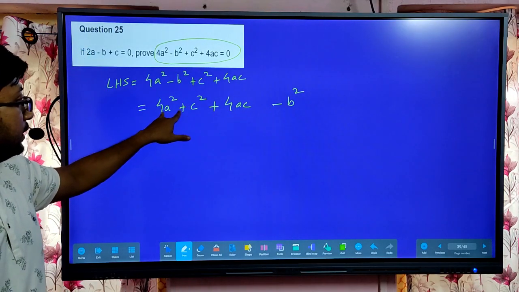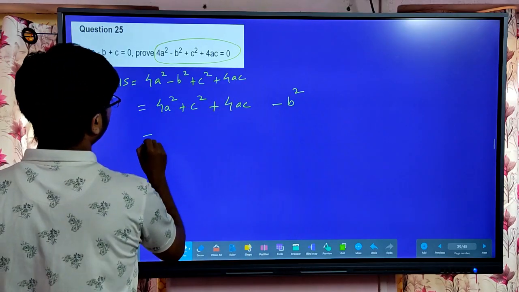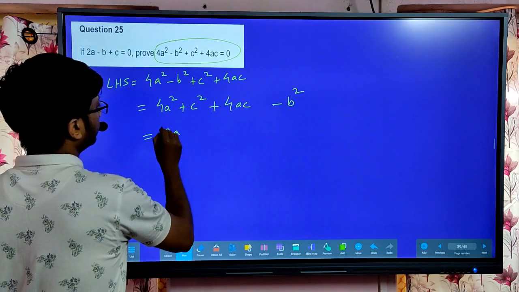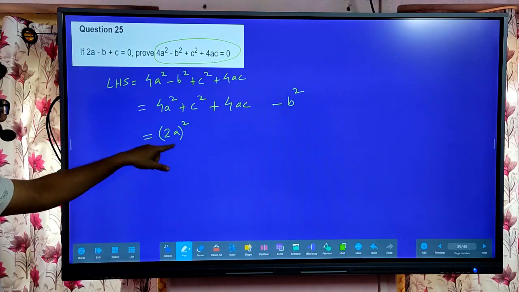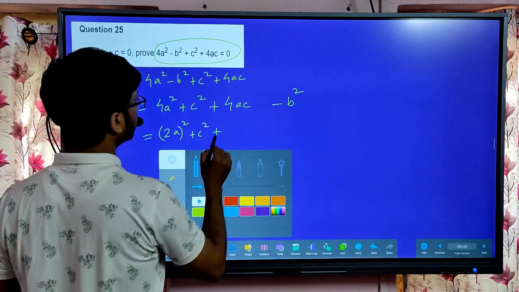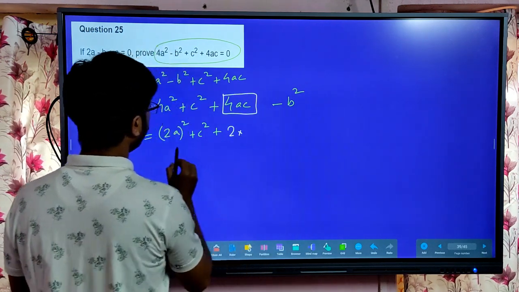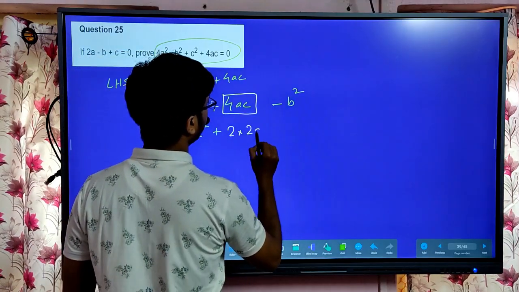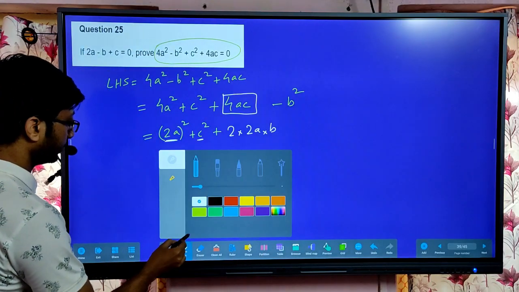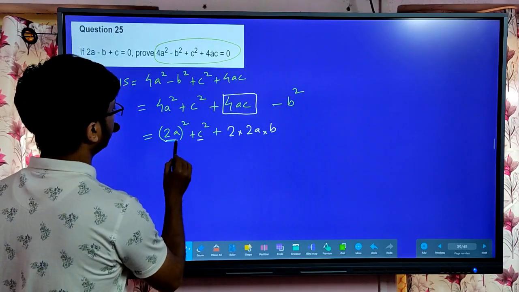So if this is my a, this is my b, so 4ac can create 2ab term, which is present inside a whole square. So I can write 2a whole square. This 4a square I can write 2a whole square plus c square plus, very important, this 4ac I will write it as 2 into a is 2a and b is c. Please try to understand. This is my a, this is my b.